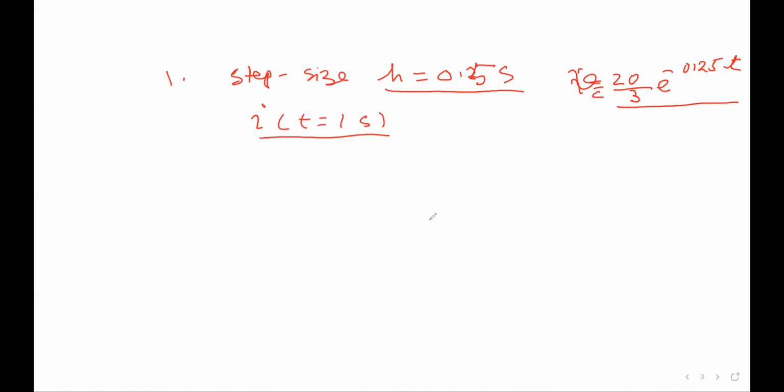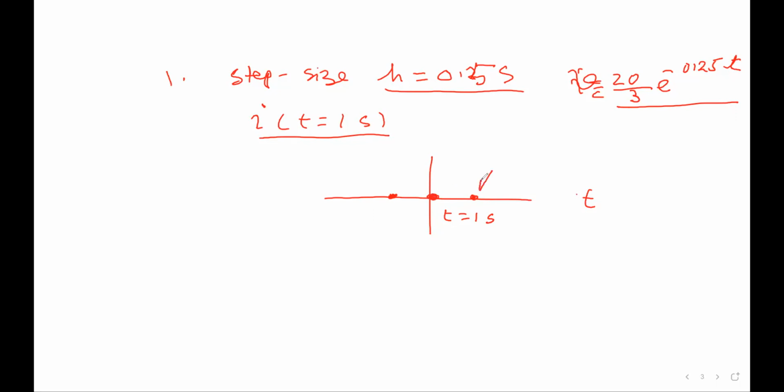Then you need points on either side of the point where you want to calculate your derivative. Here is your time axis, and this point is time t equal to 1 second. You need a point here and a point there, so that t equal to 1 second will be at the center.